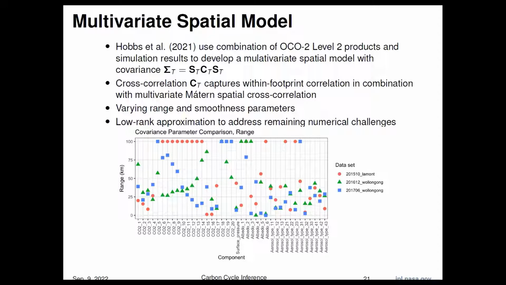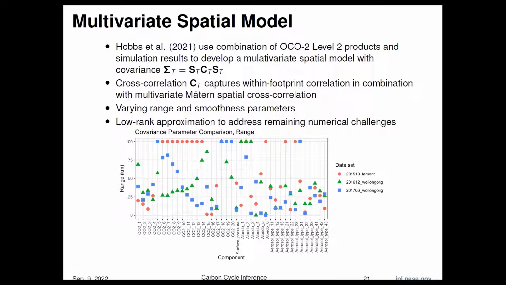The different symbols are different orbits of OCO2 that we applied this to. For some of the atmospheric parameters, like CO2 in particular, the range of the spatial correlation can be quite long, but for some of the surface elements, the range is a bit shorter. So in setting up this approach, we wanted to encapsulate that different behavior among the state vector elements.